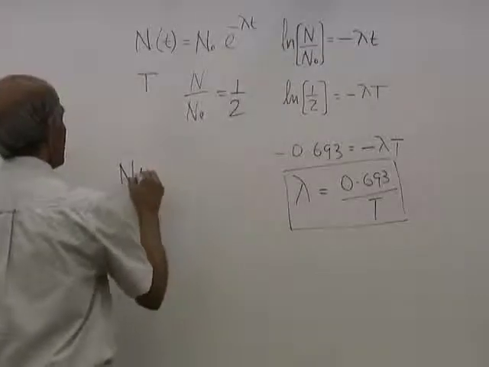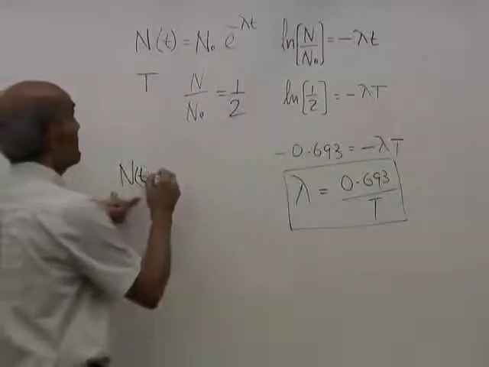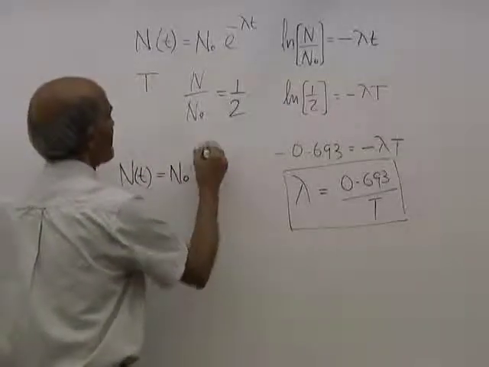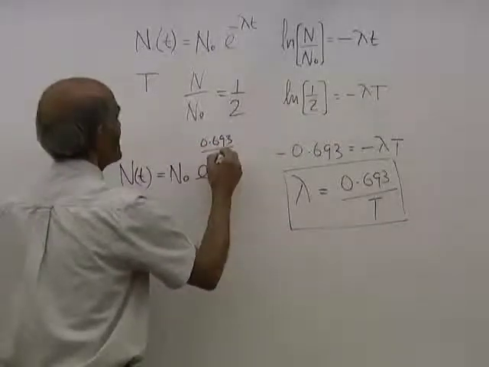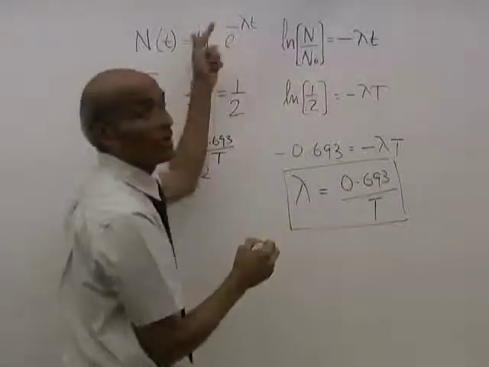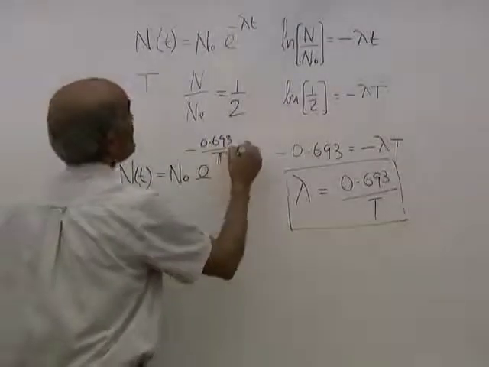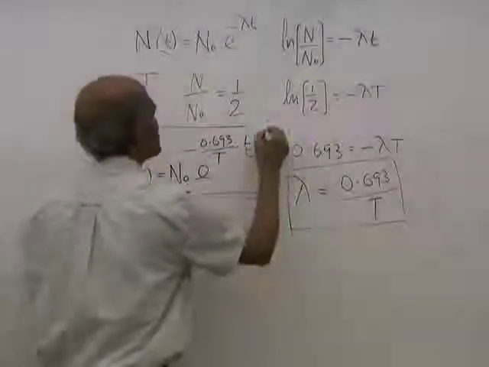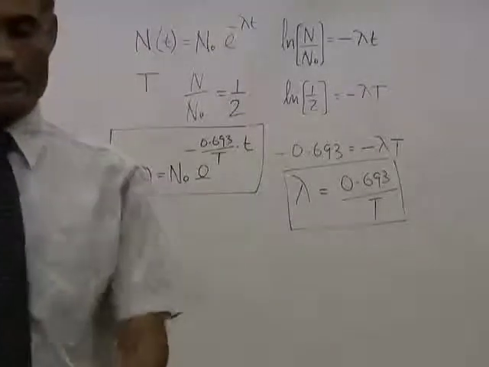N of t, the number of disintegrating atoms at any given time, equal to N0 e to the power of negative 0.693 over T, that is your lambda, times t. And that equation is a useful equation too.